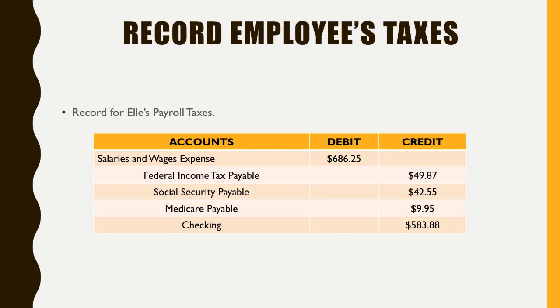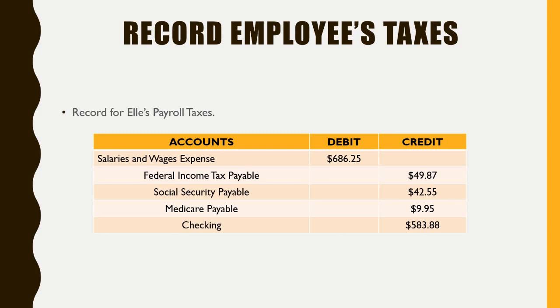So all of these numbers that we've calculated, all these taxes are coming out from her paycheck, from the total gross earnings that she's earned from the company. So she earned a total of $686.25, right? That's the total salaries and wages expense.